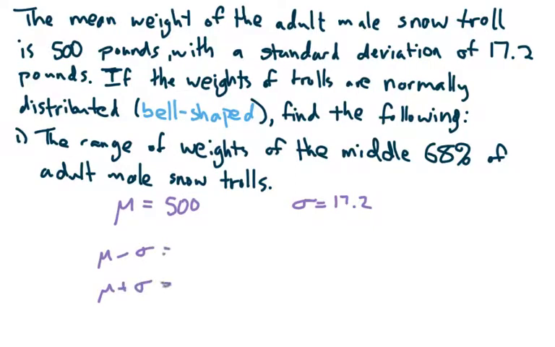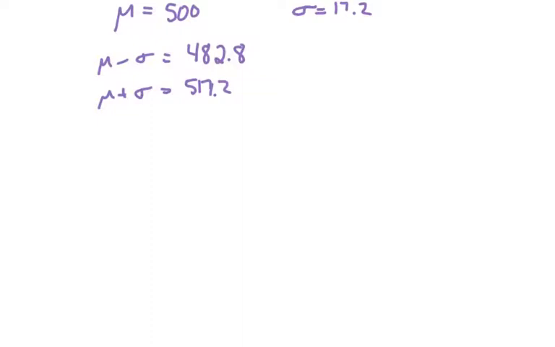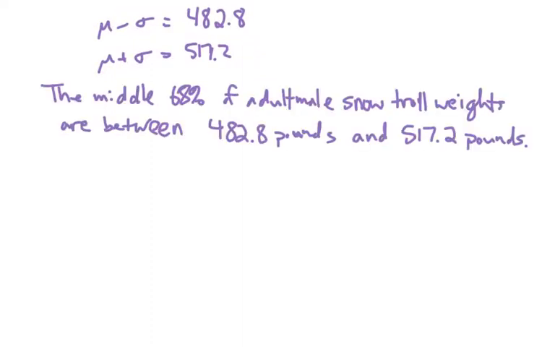So find these real fast. We've got these two things, and for which we should make sentences for our answer. This is a word problem after all. And this is what our sentence should look like as an answer. The middle 68% of adult male snow troll weights are between 482.8 pounds and 517.2 pounds.